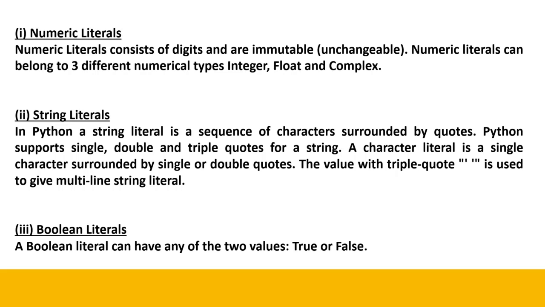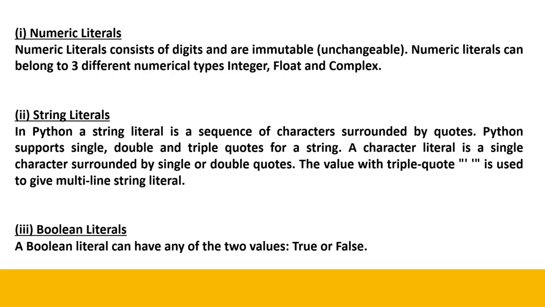String literals. In Python, a string literal is a sequence of characters surrounded by quotes. Python supports single, double, and triple quotes for a string. A character literal is a single character surrounded by a single or double quote.